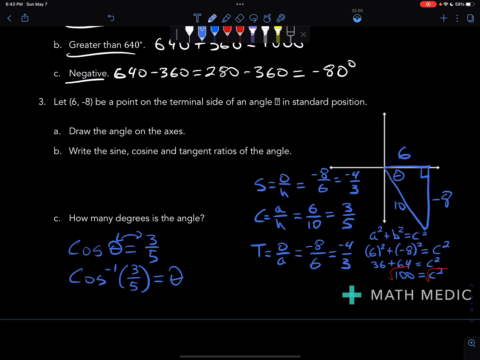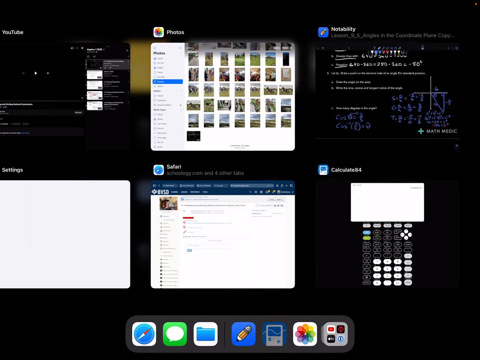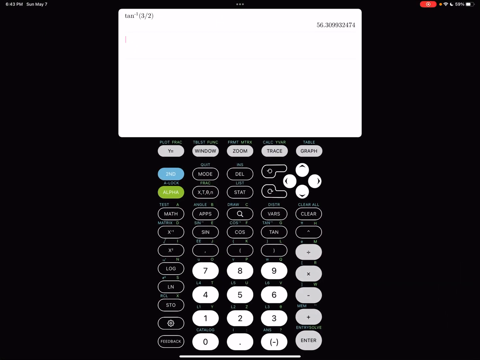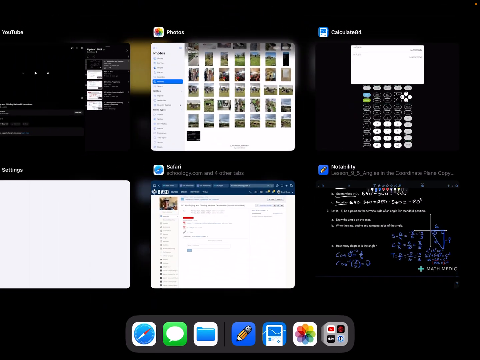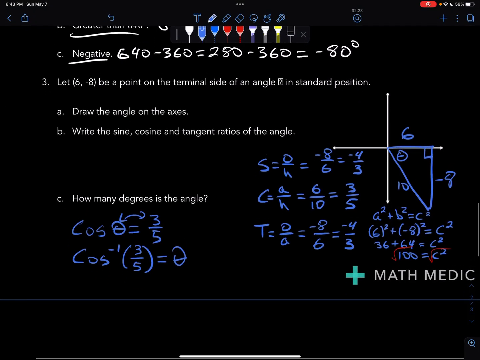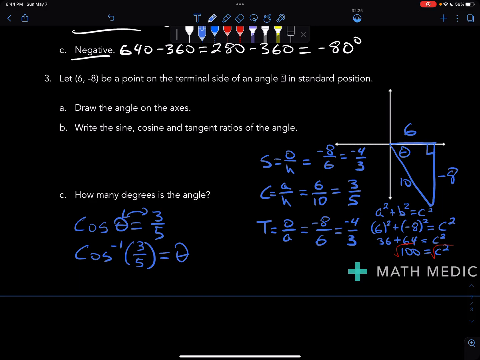That'll give us our theta. Go back to the calculator, and we're going to go second cosine of 3 divided by 5, and we get 53 degrees. So our theta here equals 53 degrees.